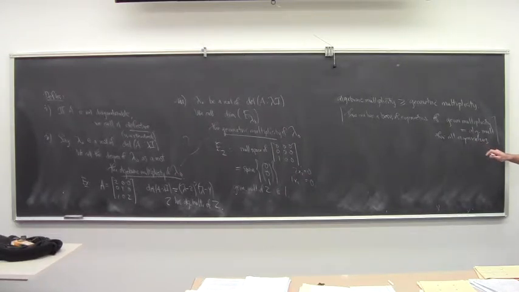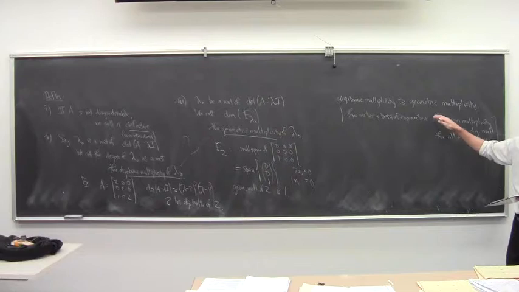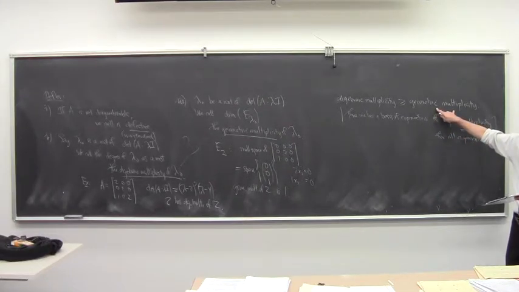Because the sum of the algebraic multiplicities is n. The only way you're going to get to n is if all the geometric multiplicities are as big as possible. These things sum to something less than or equal to n, and it's only going to be equal to n if they're full.